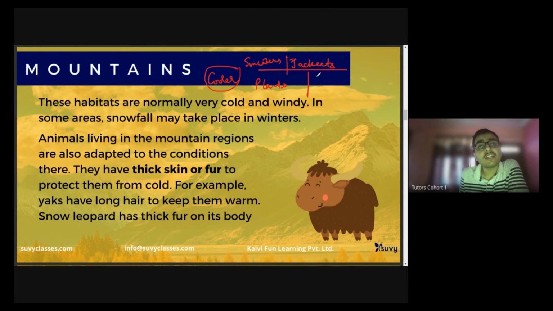If I talk about deserts, where were the animals living? They were living under the ground in burrows, because there was intense heat. Similarly, animals in mountain regions don't live in the ground. Very obviously, they live on land. And these animals have thick fur on their body.